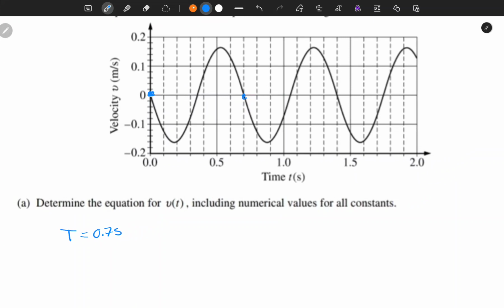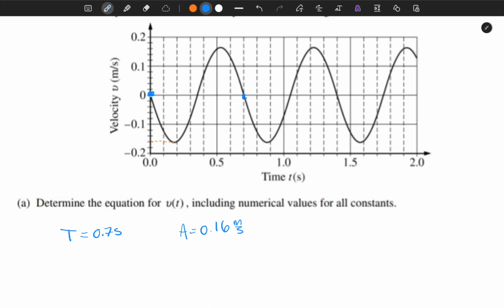Next, we note the amplitude. Here, the amplitude is the largest value attained by this plot. And according to this plot, we see that the amplitude is approximately A equal to 0.16 meters per second, as this is a plot of velocity.